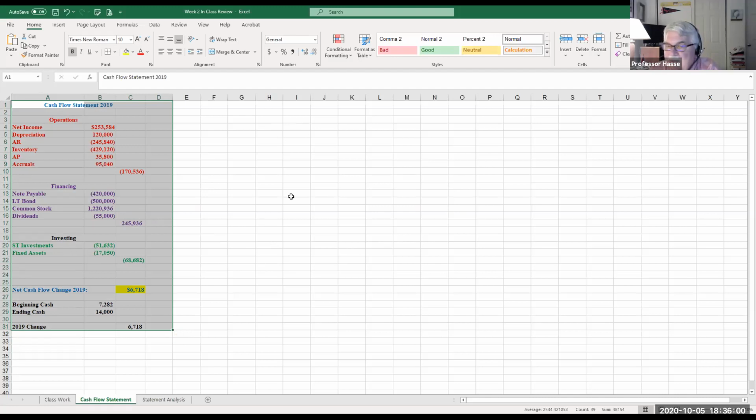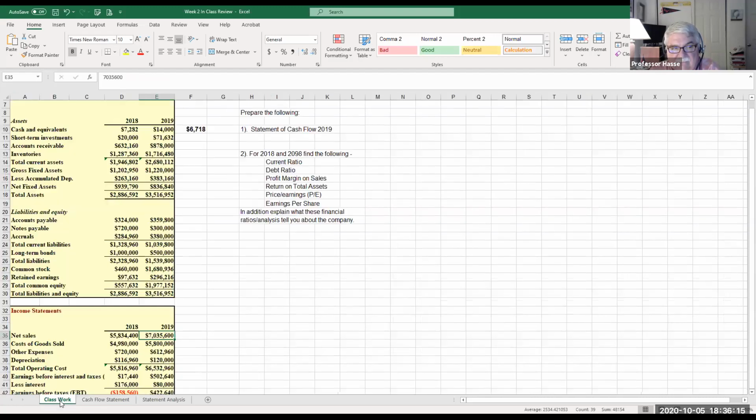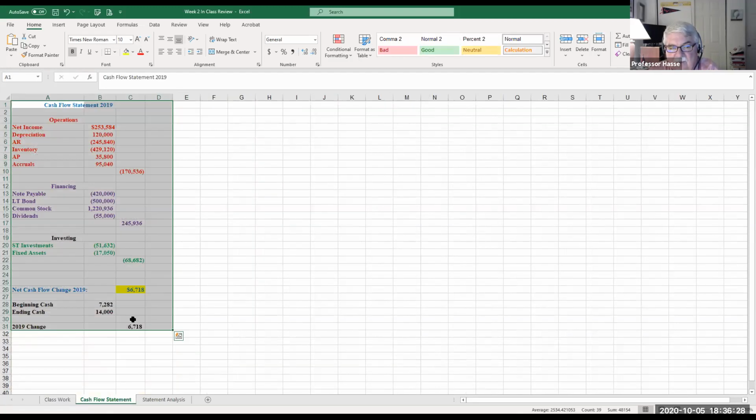Notice for this company here on this statement, the cash flow for 2019 was $6,718. The net effect of operating, financing, and investing. Well, if I go to the balance sheet of this company, that's the difference between the cash balance between the 2 years, $6,718. The cash flow statement tells us where that came from.